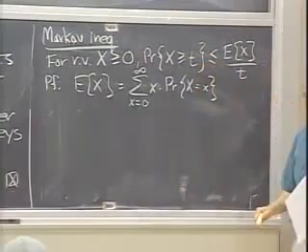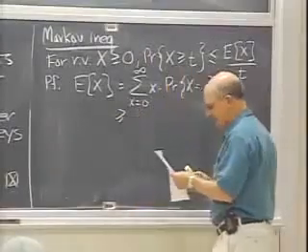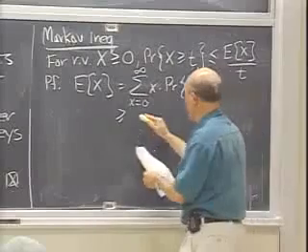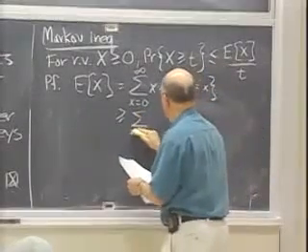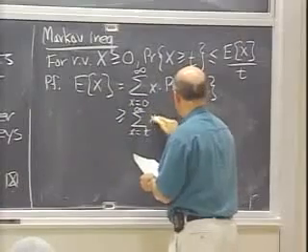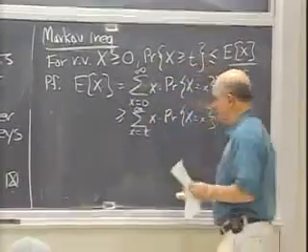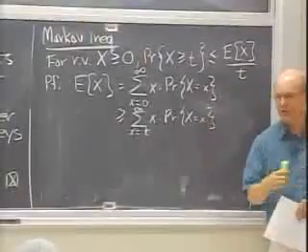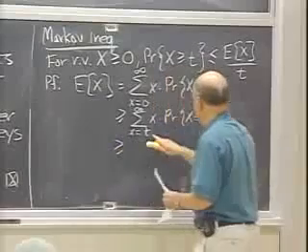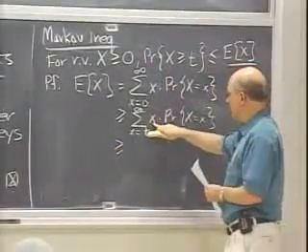That's the definition. Now it's just a question of doing the coarsest approximation you can imagine. First of all, let me simply throw away all small terms. So that's greater than or equal to the sum from x equals t to infinity of x times the probability that X is equal to little x. Just throw away all the low order terms. Now I replace every one of these terms by the lower bound, the value x equals t.